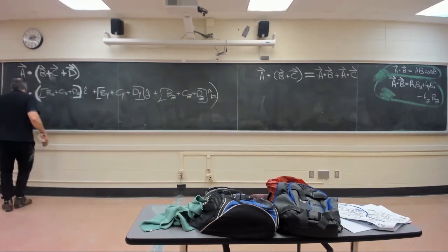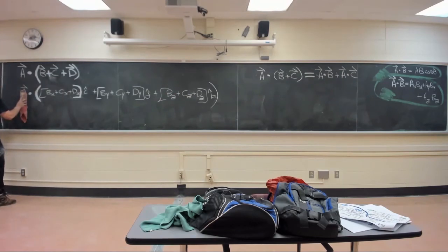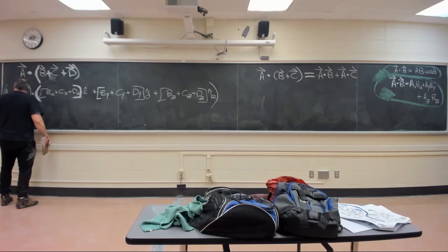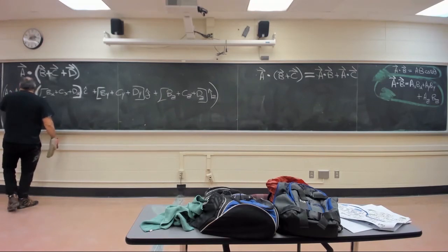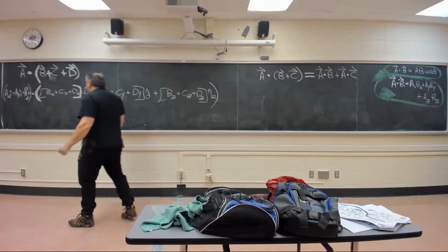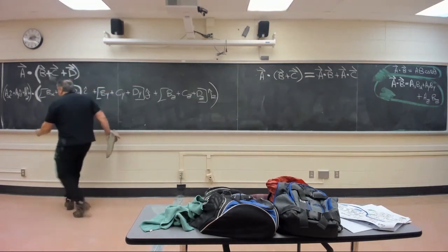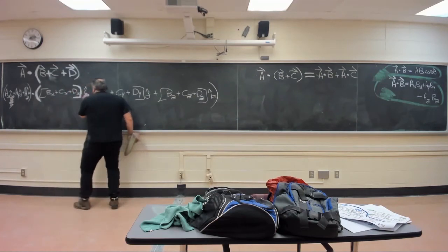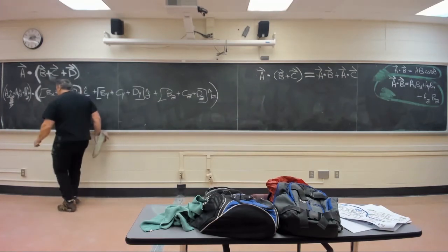Well, the A vector is the same as AXI plus AYJ plus AZK. Go i's with i's.